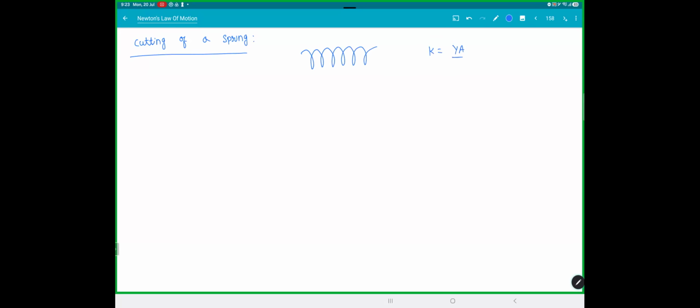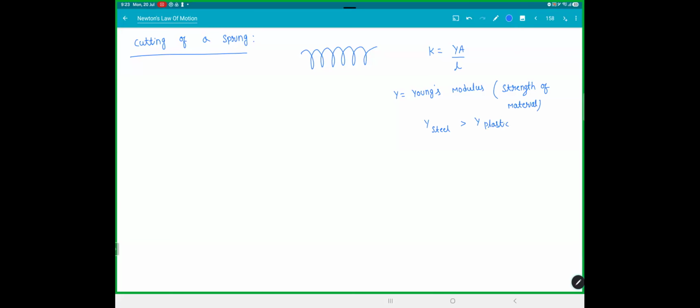It depends on the nature of the material. So if you make a steel spring and a plastic spring, steel spring is stronger. It's called Young's modulus. So you can think of it as the strength of the material. So Y steel is greater than Y plastic. So a steel spring is definitely stronger than a plastic spring.